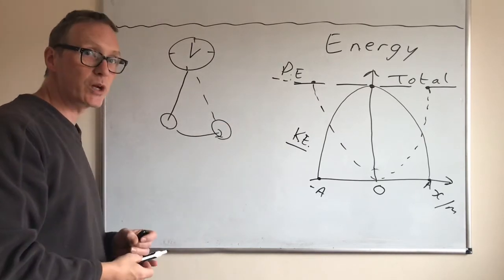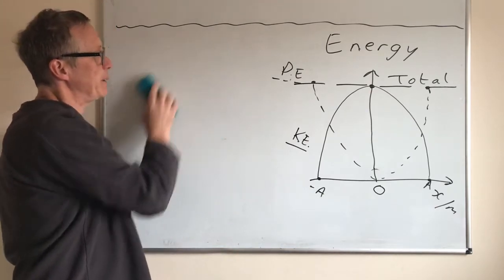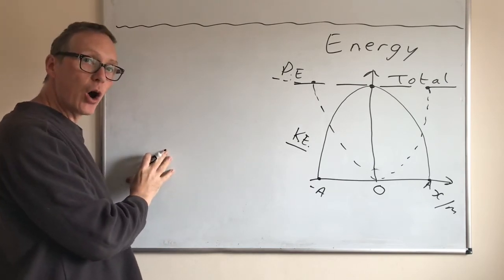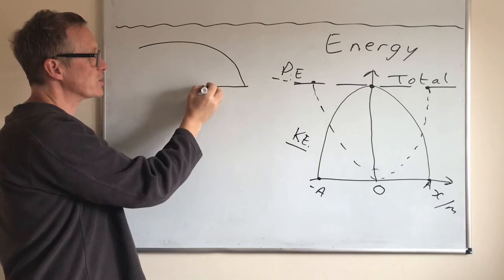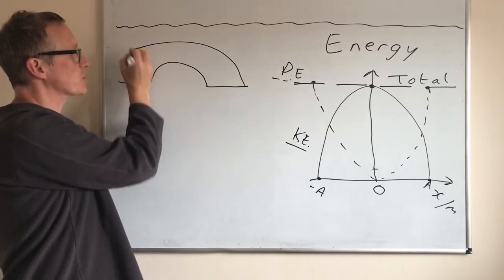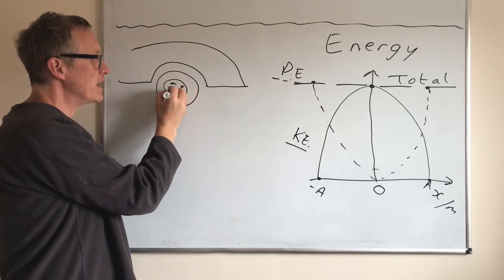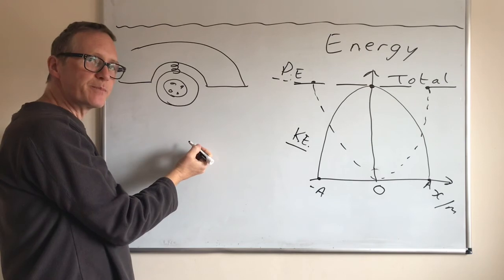A situation in which we may want the energy to dissipate quite quickly are situations such as car suspension. So in a car where you've got the front and you've got the wheel arch there, and there's the wheel, and the wheel itself is connected to the car via a suspension system.